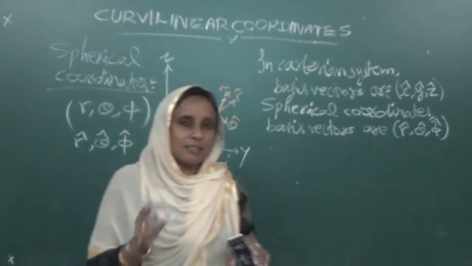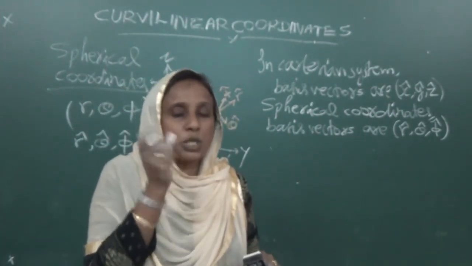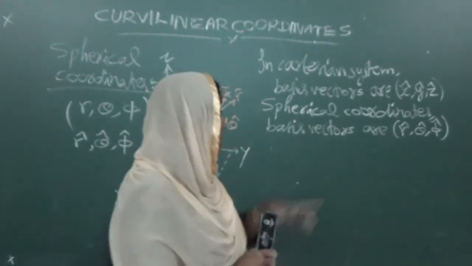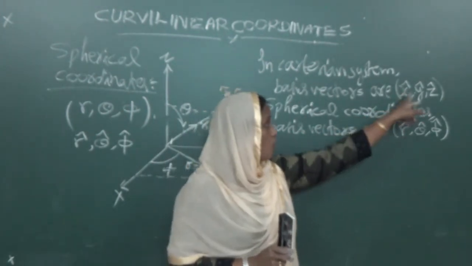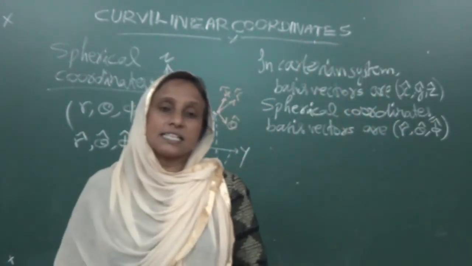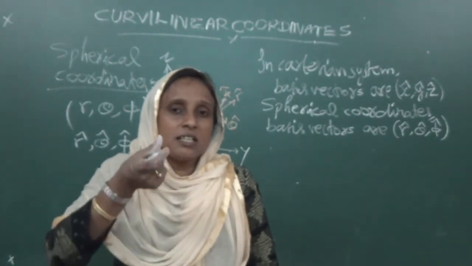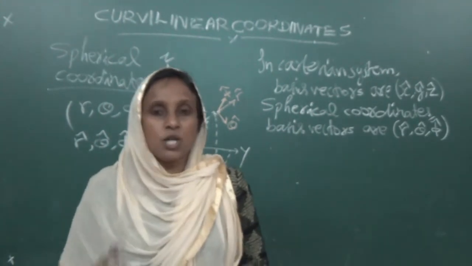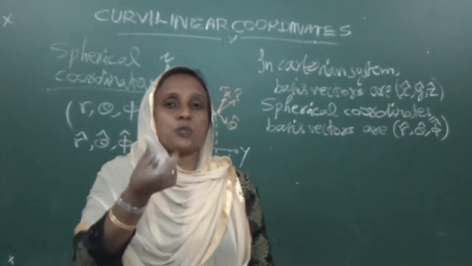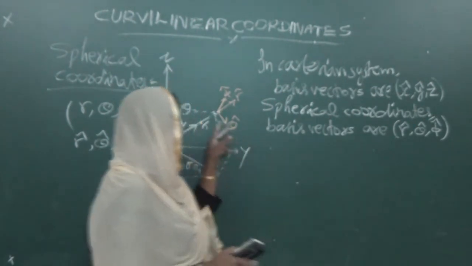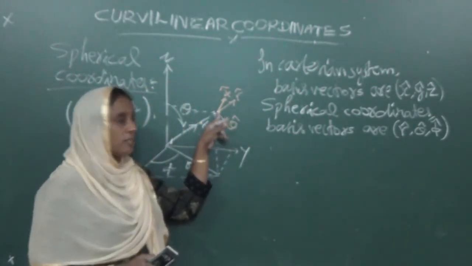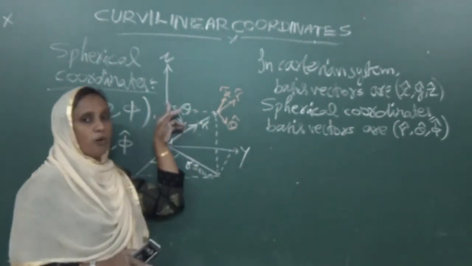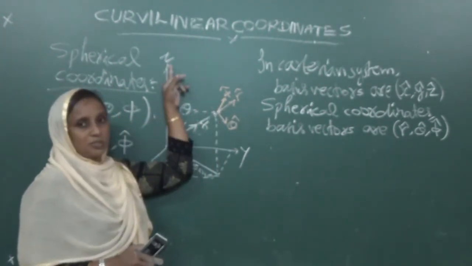So, in this context, it is a tough situation to imagine the direction of r cap compared with this one. Here, all these directions are fixed. At the same time, if you mention the r cap or unit vector along the radial direction, you have to specify which point. If you find r cap with respect to this point, it is along this direction. If you want to mention r cap with respect to this point, it is along this direction.